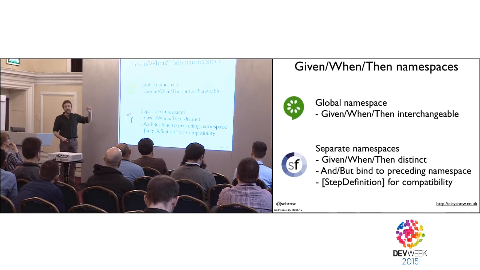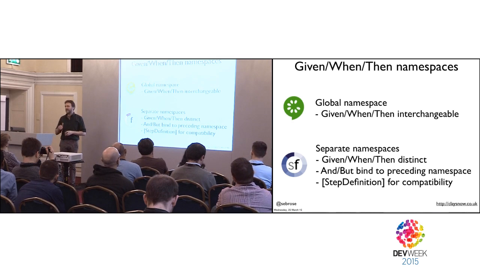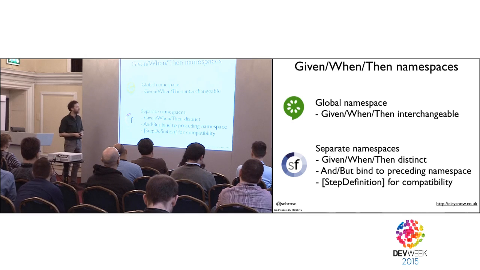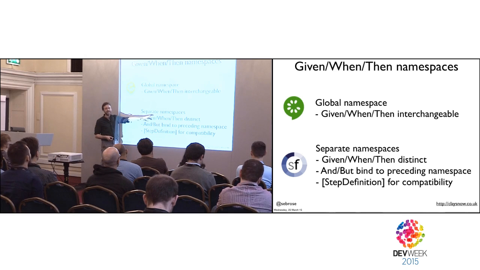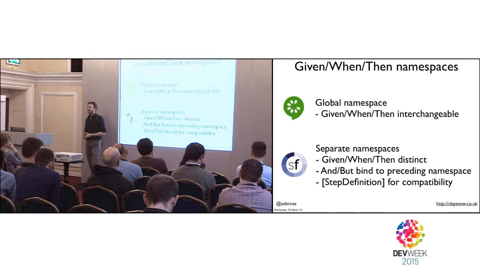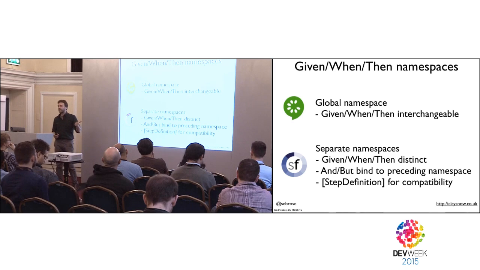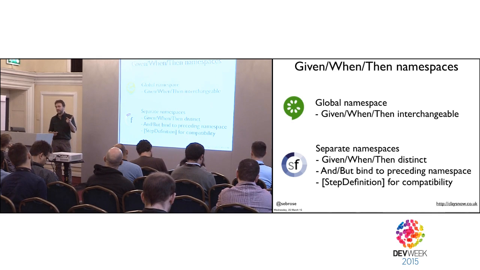There's a difference between the given, when, then. So you recall I said that given, when, and then were entirely interchangeable. That's absolutely true, except in SpecFlow, where they're absolutely not interchangeable. In SpecFlow, given, when, and then are in distinct namespaces. What that means is that if you say "given I register", that will only match a given annotation, and a "when I register" will only match a when.